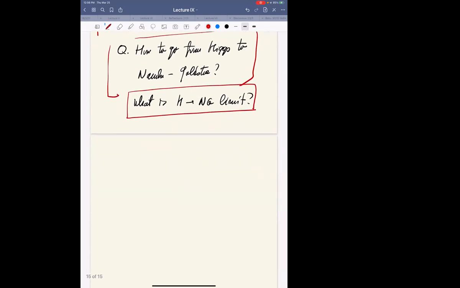Well, remember how I go from Nambu-Goldstone to Higgs. Remember what I do. It's very simple. I take d mu becomes D mu, right? From global to local, all you have to do is substitute.